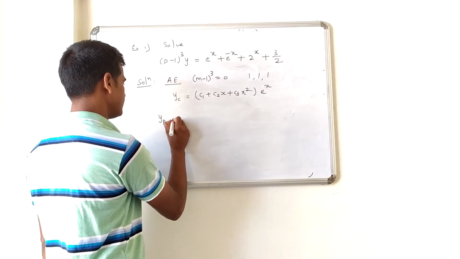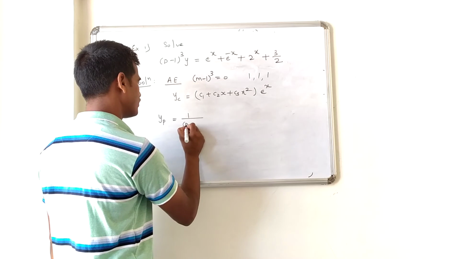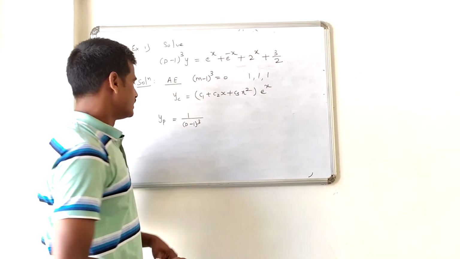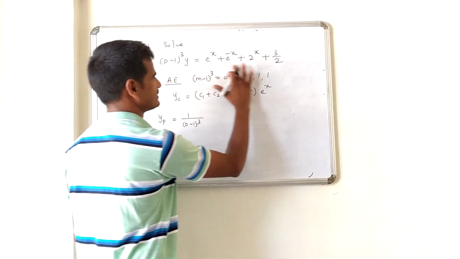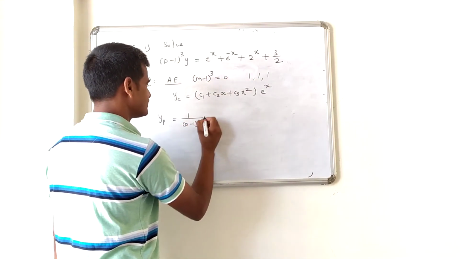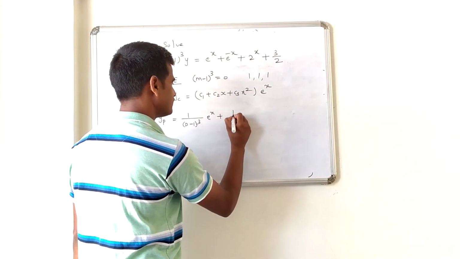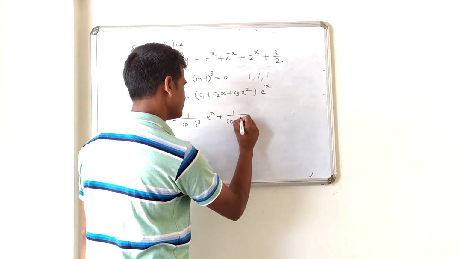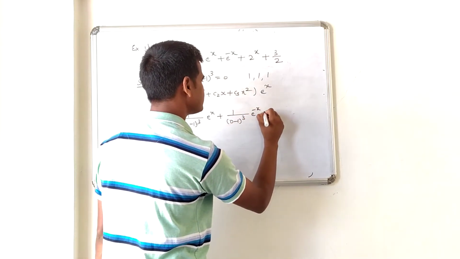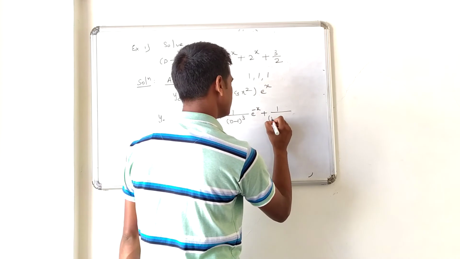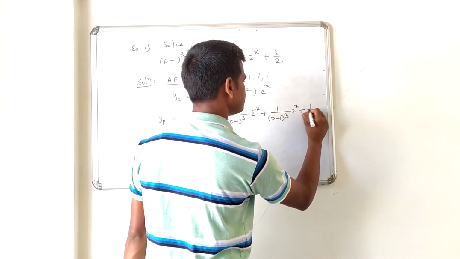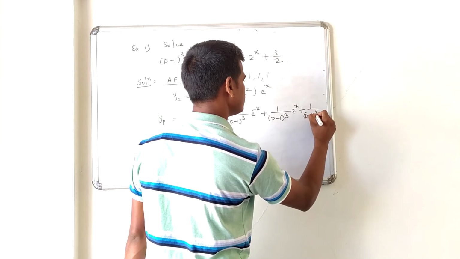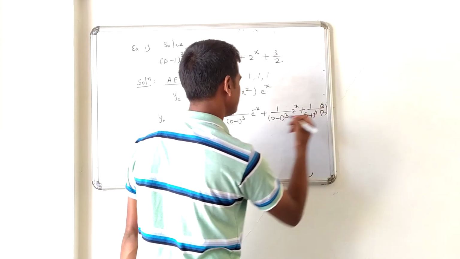So y suffix p is equal to 1 upon (D minus 1) cube. Now let us operate 1 upon (D minus 1) cube on each and every function. So 1 upon (D minus 1) cube e to the power x plus 1 upon (D minus 1) cube e to the power minus x plus 1 upon (D minus 1) cube 2 raised to x and plus 1 upon (D minus 1) cube operated on 3 by 2.